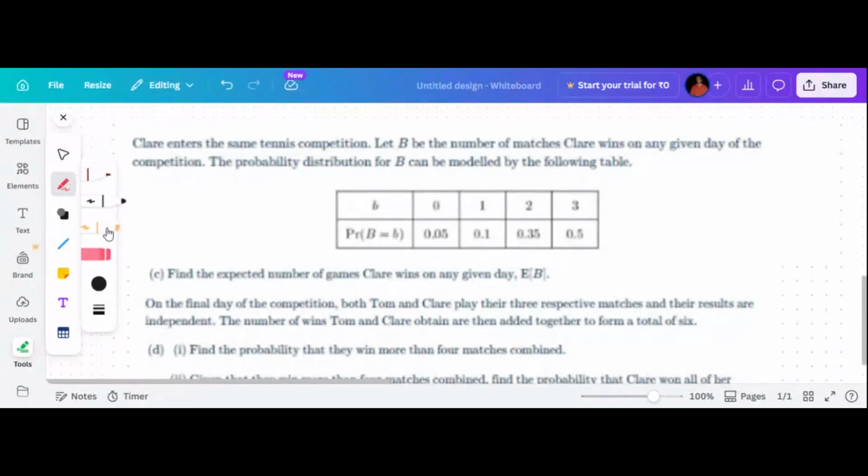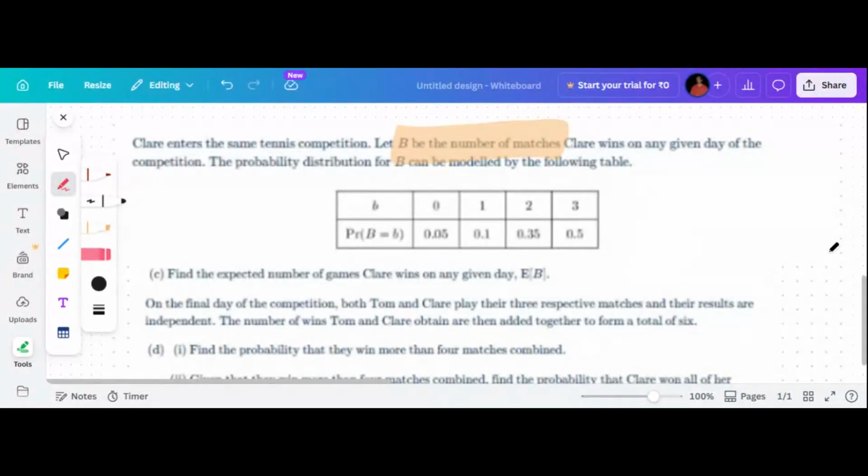So it is a discrete random variable. All right. Now the probability distribution for B is given in the table below. Find the expected number of games that Clara wins.